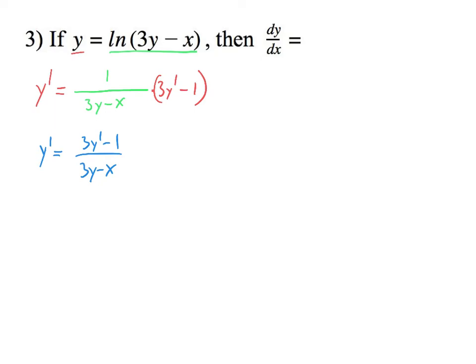What I'm going to do here is multiply both sides by the 3y minus x for now. When I do that, that's gone. I have y prime times 3y minus x equals 3y prime minus 1.